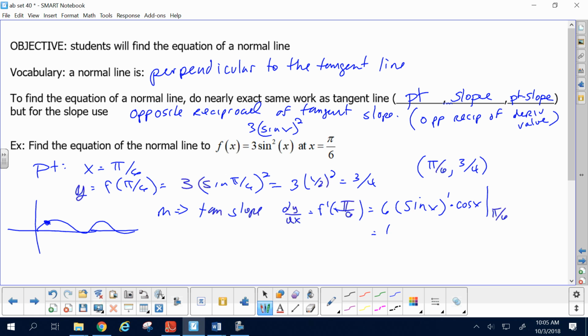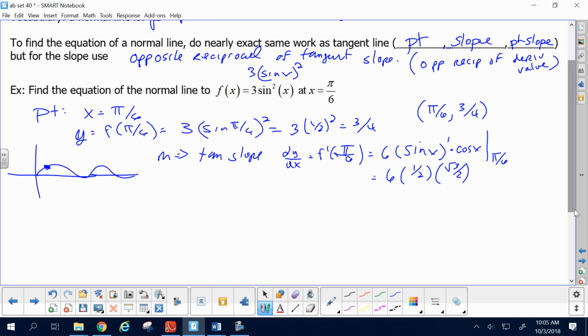6 sine pi over 6 cosine pi over 6. What's sine of pi over 6? 1/2. And what's cosine of pi over 6? Root 3 over 2. Therefore, our tangent slope is something like 3 root 3 over 2 if I reduce it.